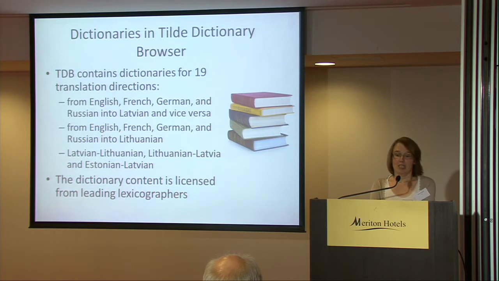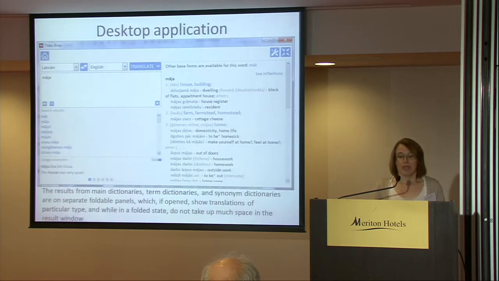So there are 90 translation directions from Latvian into English, French, German, and Russian, and the same for Lithuanian. However, we also have Latvian-Lithuanian, Lithuanian-Latvian, and Estonian-Latvian dictionaries in our browser. And we are not developers of content. We are licensing it from authors and lexicographers.